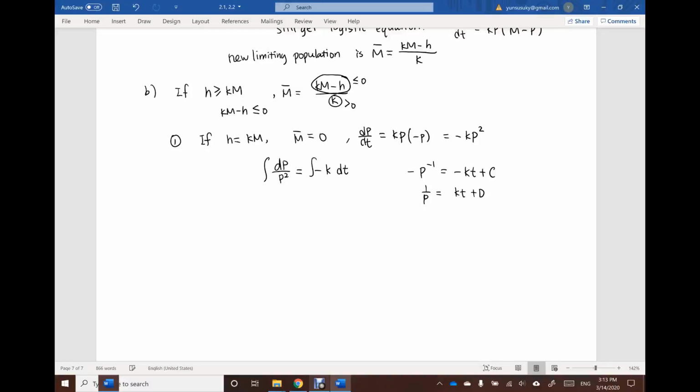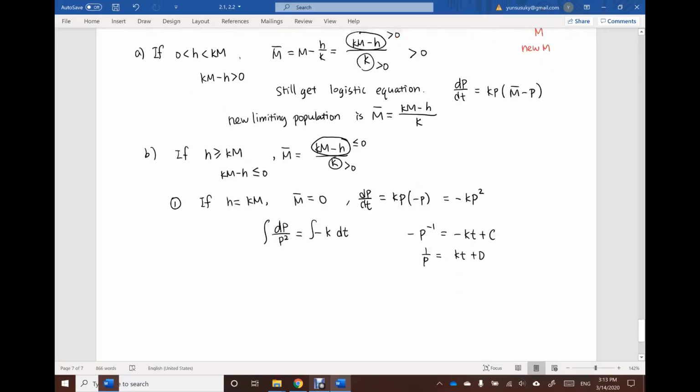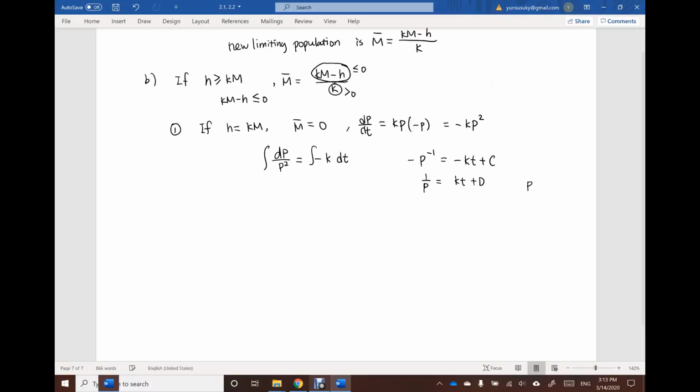Okay, so what is D? Suppose we have the initial population P(0) is P0. Then we have 1 over P0, t is 0, so D is 1 over P0. Then we have 1 over P is kt plus 1 over P0.